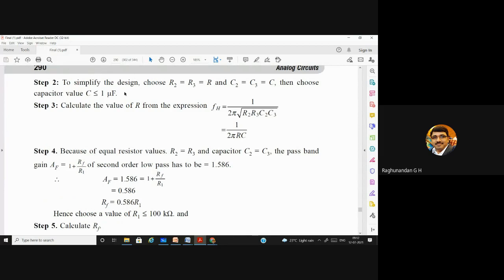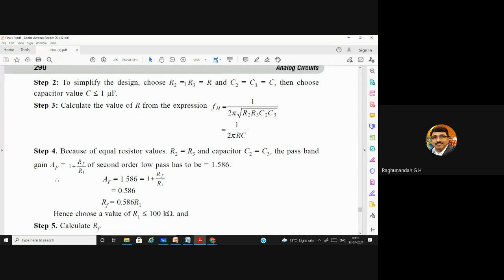To simplify the design, we are going to consider R2, R3, all the resistors are equal and all the capacitors are equal. And in this case, the capacitor value will be lesser than or equal to 1 microfarad. It should be maximum, it can be 1 microfarad. We should use less than that only.